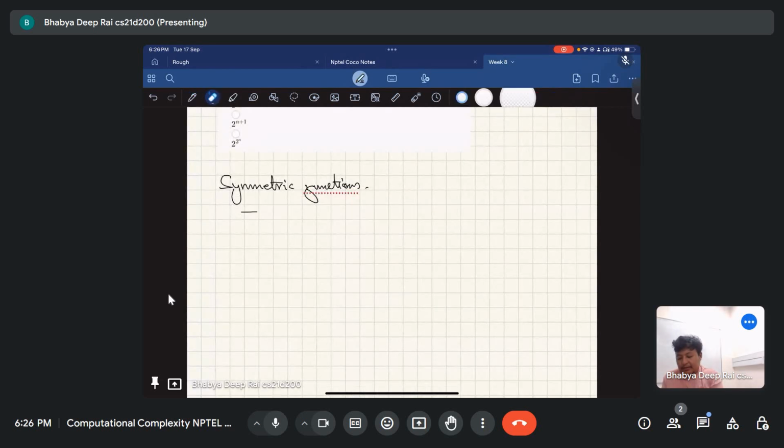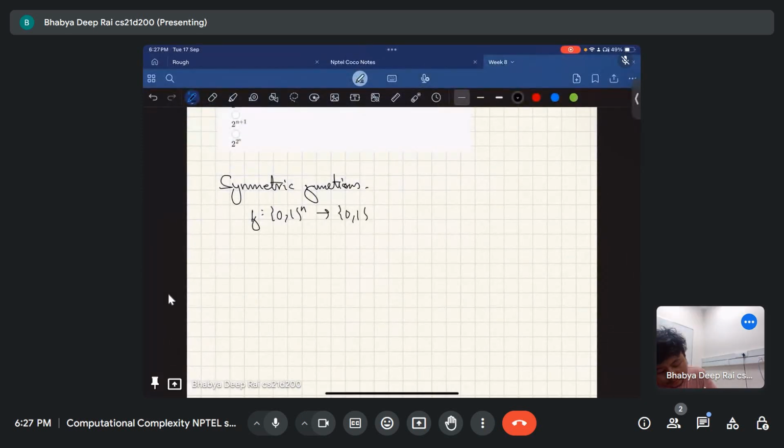Symmetric functions are defined as follows: f from {0,1}^n to {0,1} is said to be symmetric if for all inputs x in {0,1}^n, it so happens that if f evaluates to 1 on an input with a certain Hamming weight, then all the inputs with the same Hamming weight will also evaluate to 1.